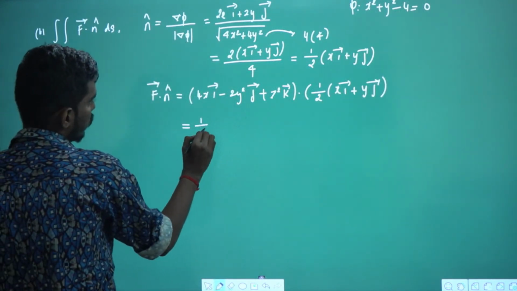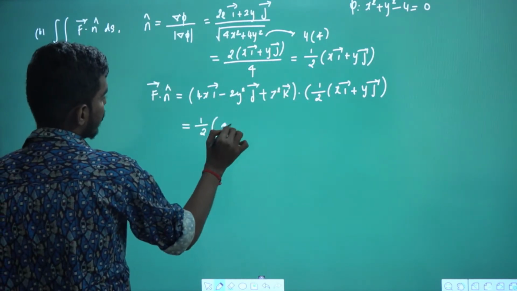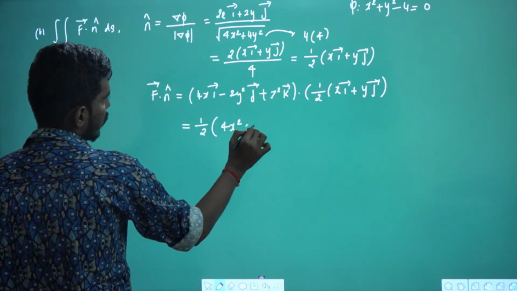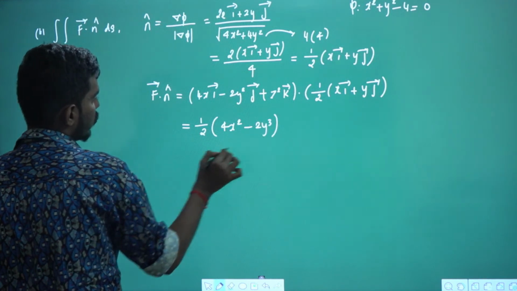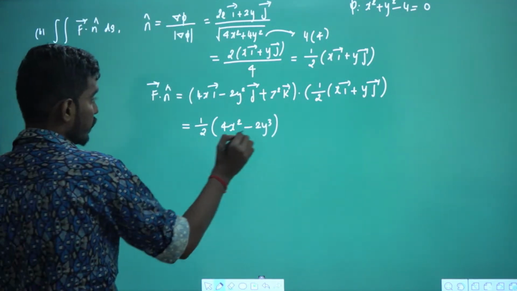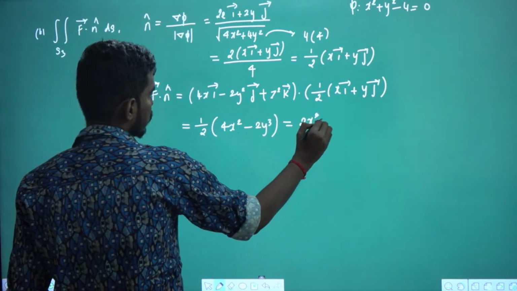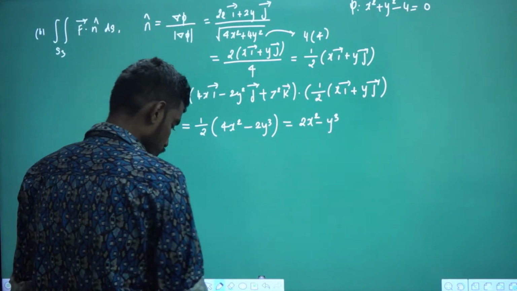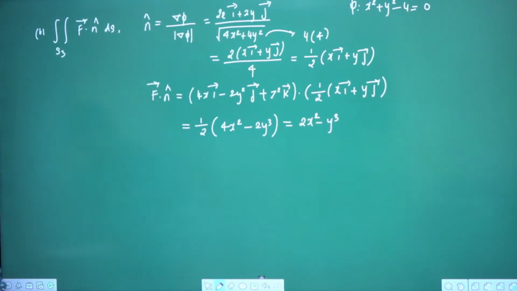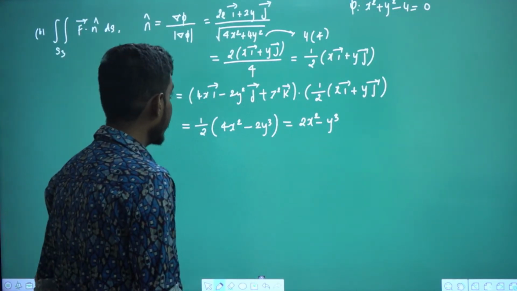If I take 1 by 2 outside, 4x into x is 4x square minus 2y cube. If I take 2 outside, 2x square minus y cube is your f vector dot n cap.